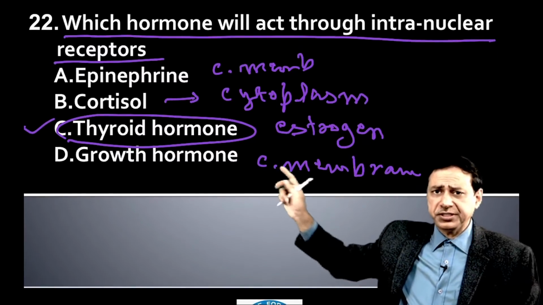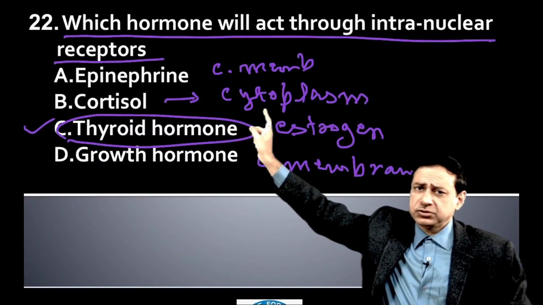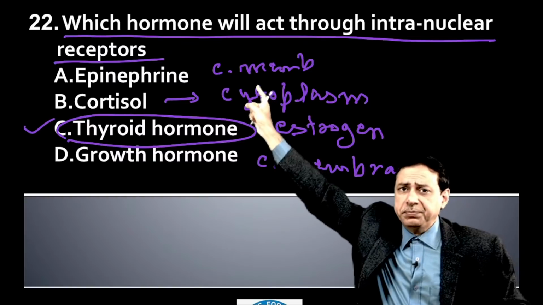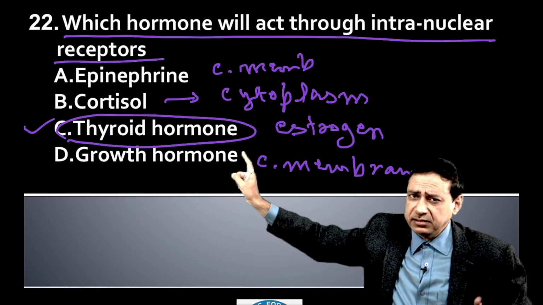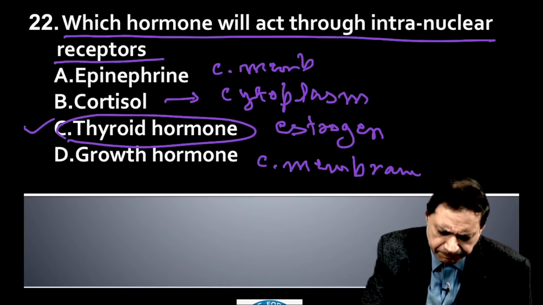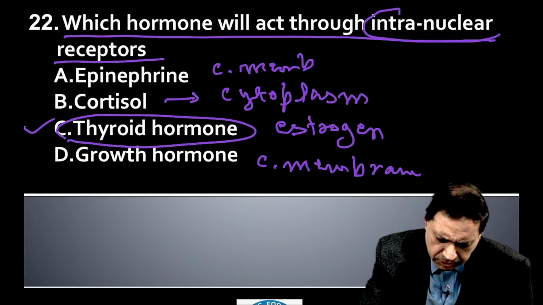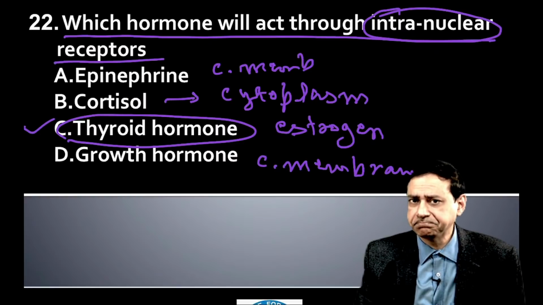Growth hormone is a protein, receptor on cell membrane. Cortisol is a steroid hormone, cytoplasm. Epinephrine, cell membrane. So thyroid is the classical hormone whose receptor lies in the nucleus, straightway, intranuclear receptor.